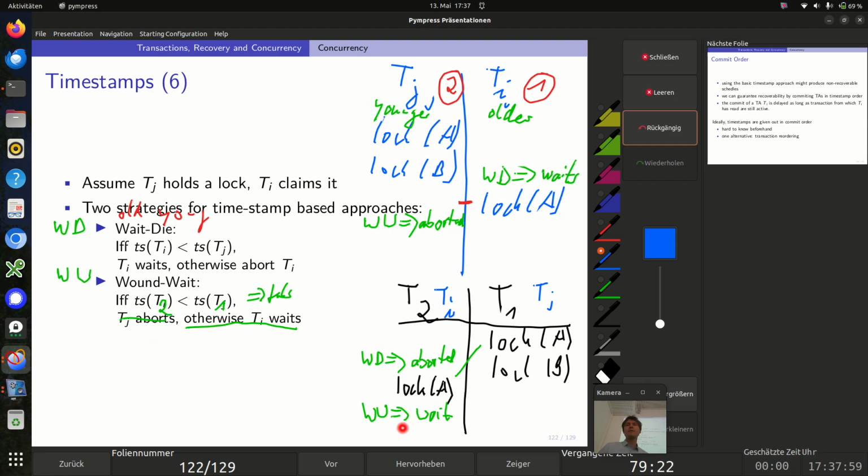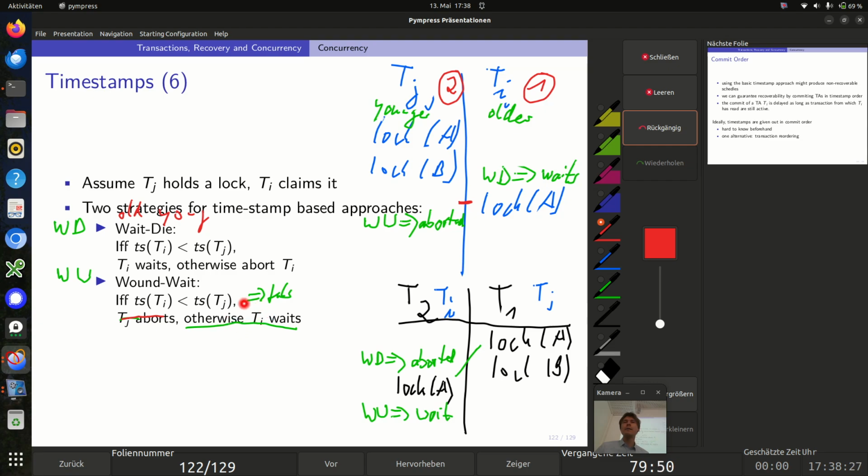So we have Tj holds the lock, Ti claims it. According to wound wait, if Ti is the older one... Ti isn't the older one, so the first case does not hold.